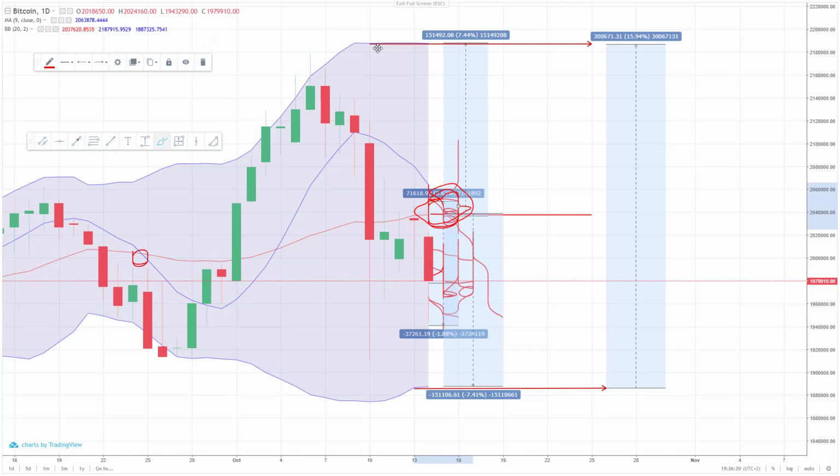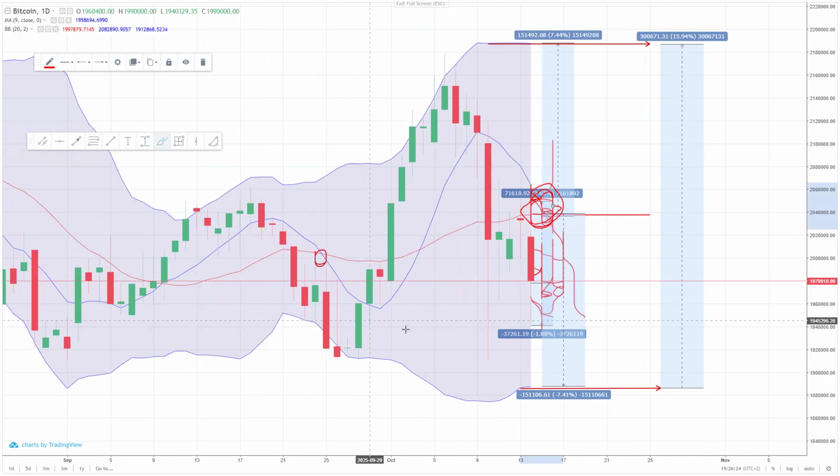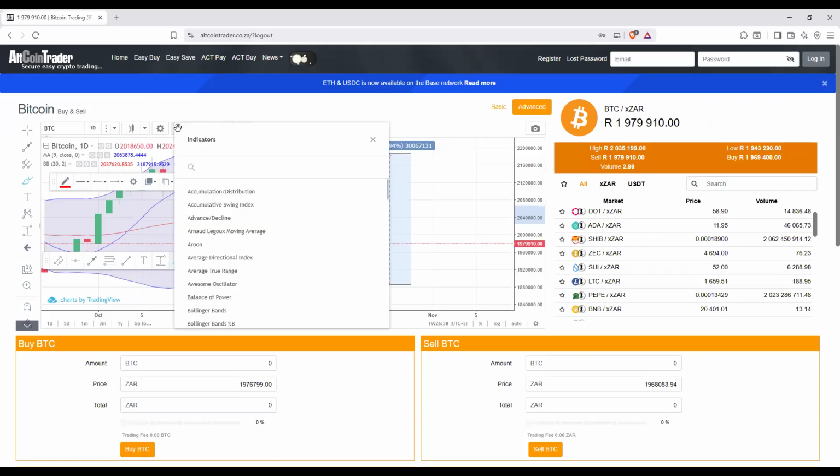The basic fundamentals of trading is you're looking at little day-to-day things. We're adding tools onto our screen. Let me take this off full screen again. And I'm going to add, let's say, the parabolic SAR.